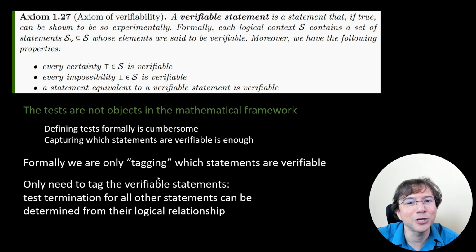And again, the other curious thing is that we only need to tag the verifiable statement, and all the other conditions of test termination in the negative or the undefined can actually be determined from only knowing what the verifiable statements are and the logical relationship between all the statements.